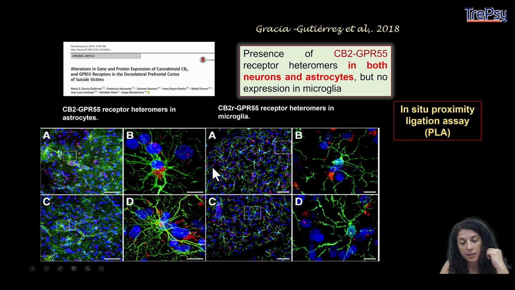So they made the merge with astroglial cells and microglial cells, and they observed the presence of CB2 and GPR55 receptor heteromers in both neurons and astrocytes, but no expression in microglia, in control and in suicide people.